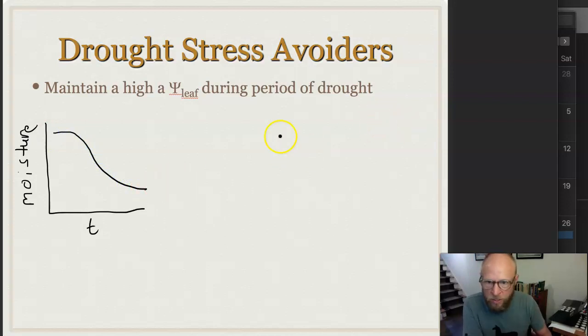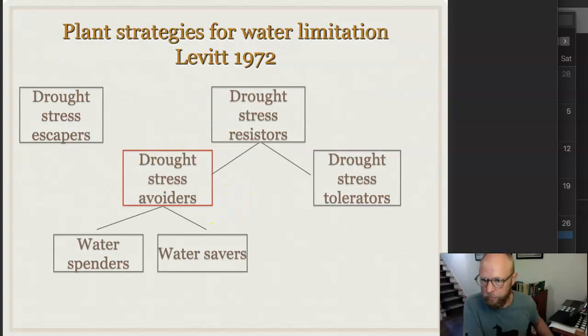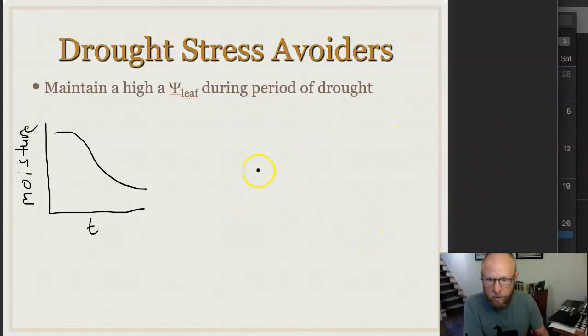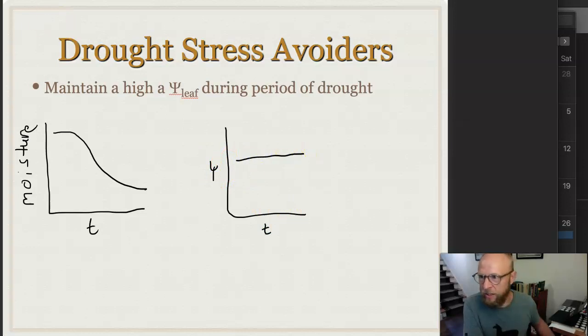But the water potential of avoiders is going to look not exactly like this. And that's not increasing, that's holding steady. Should I erase that? All right. So it might decrease a little bit. But in general, water potential is staying really constant.